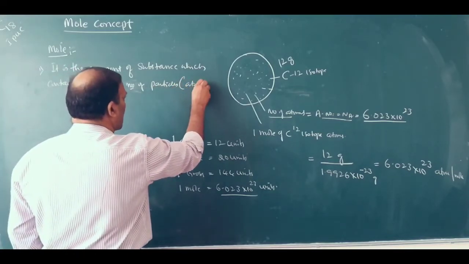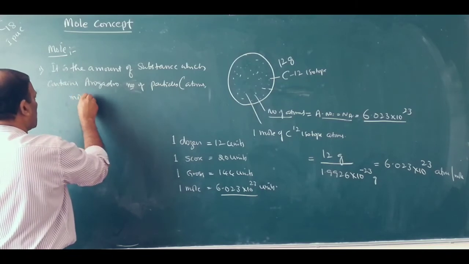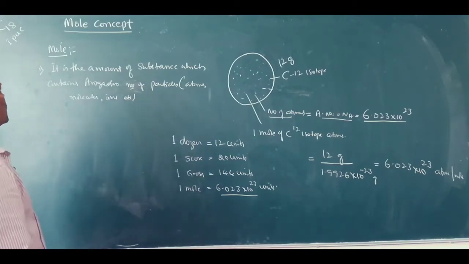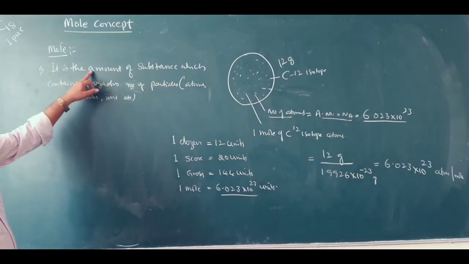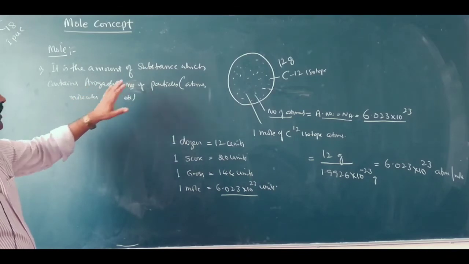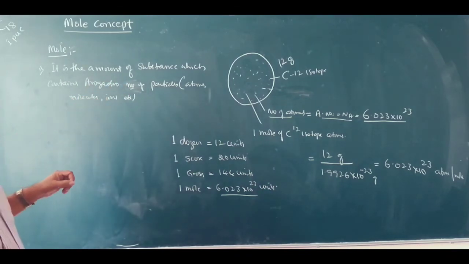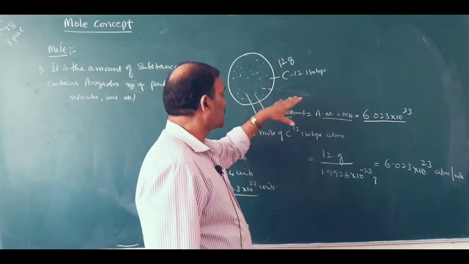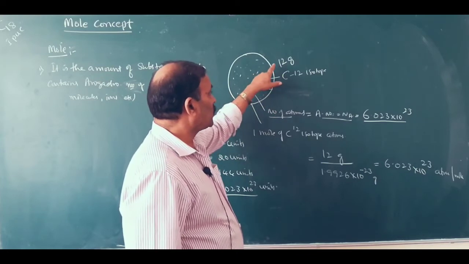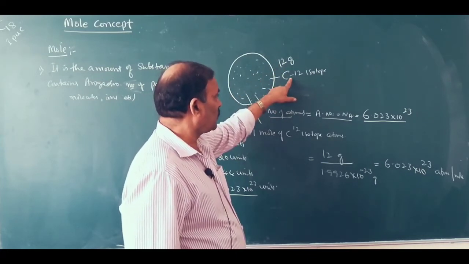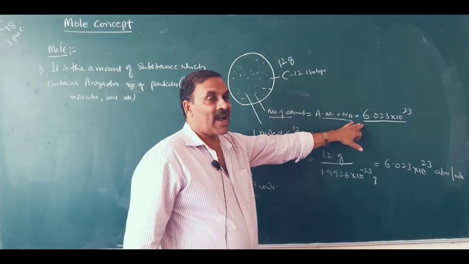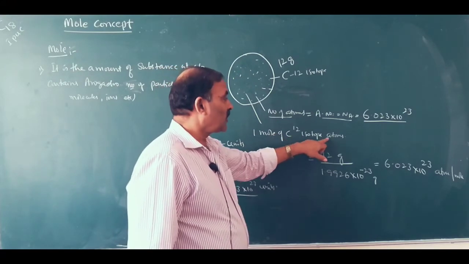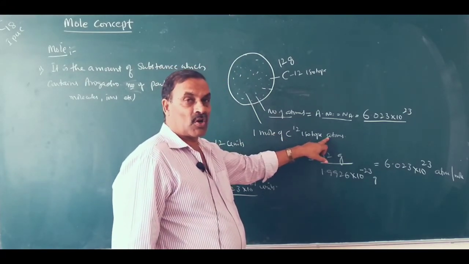Particles may be atoms, molecules, ions, etc. Mole is the amount of substance which contains Avogadro number of particles. For example, in 12 gram of carbon 12 isotope, there are Avogadro number of atoms. Therefore, this quantity is called 1 mole of carbon atoms.